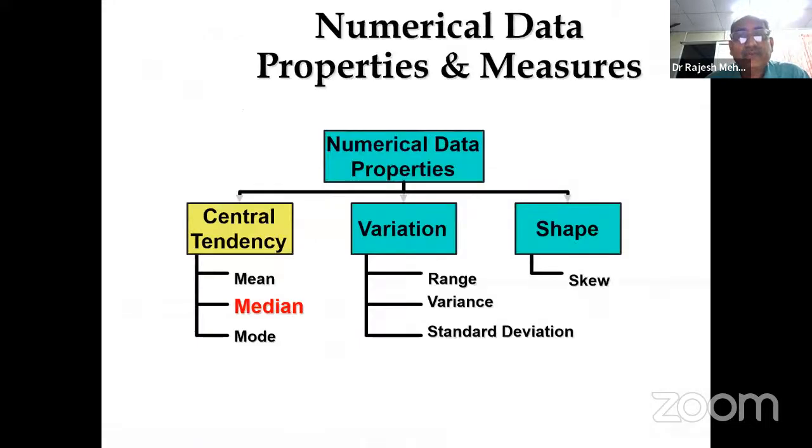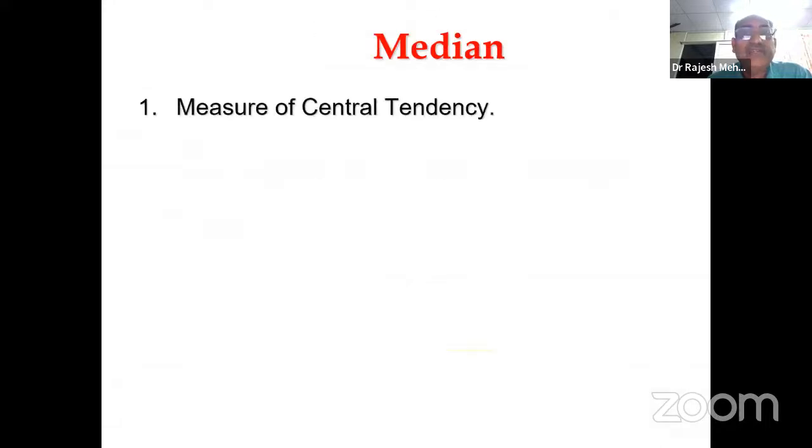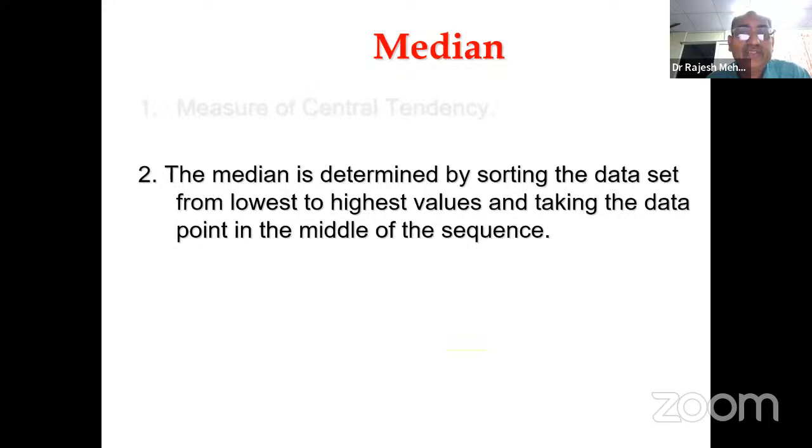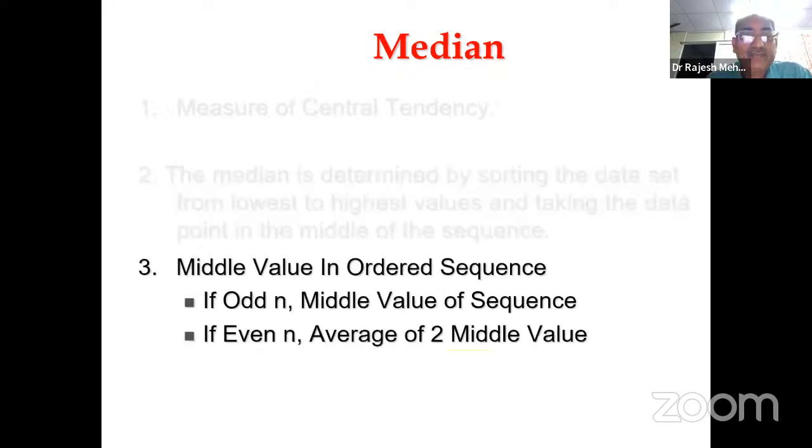Now the mean is a simple arithmetic mean, while for the median you need to find the percentile: less than 50%, more than 50%, what is the middle. The middle value is the median, the middle value of an ordered sequence, right?